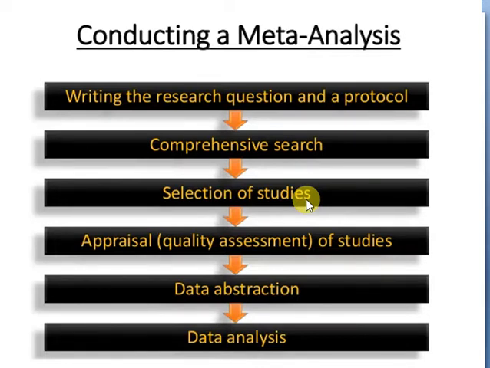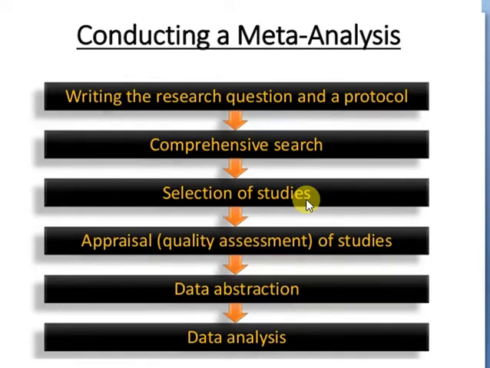We have to assess whether a study is good enough to be included in our meta-analysis or systematic review by using certain criteria, a certain standard or guideline. You can identify which type of study is appropriate for your meta-analysis.